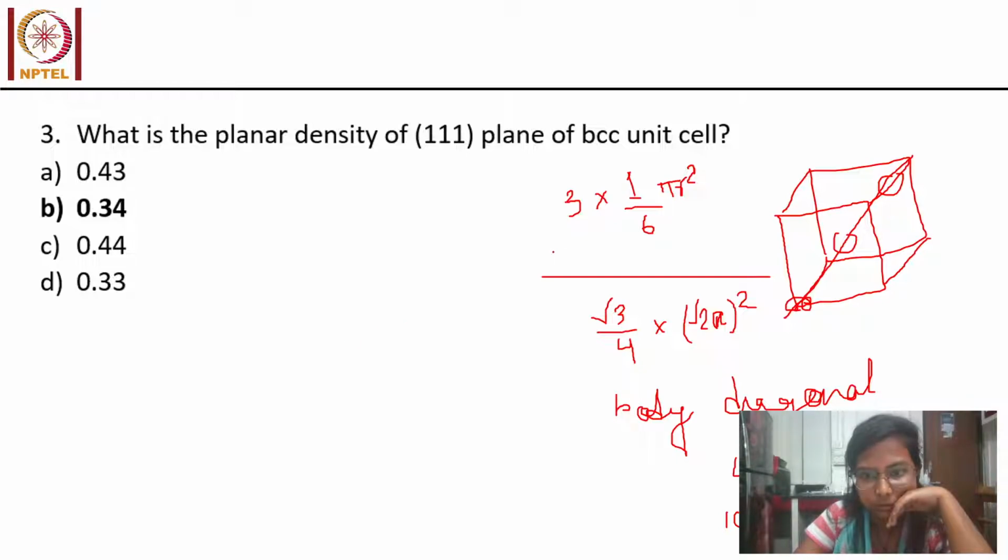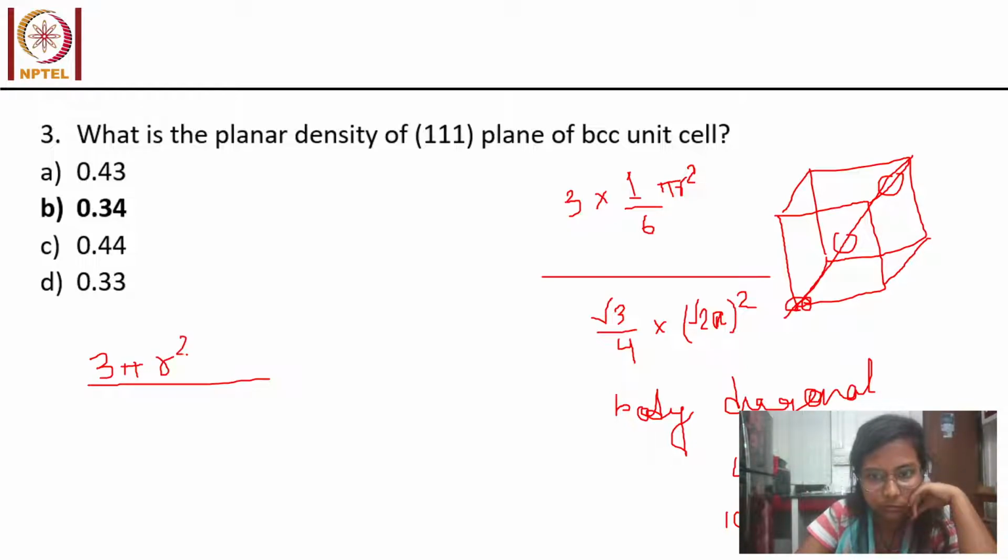Yeah. So we have this. So from here we are going. Okay. So at first we'll draw the line. 3. Pi r square by 6 into root 3.